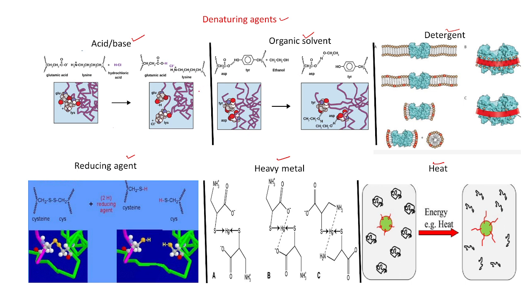For example, what is the mechanism of the denaturation? Let's say this is the glutamic acid and this is the lysine. So here the bond is formed by the hydrogen bond. Okay, so now it is exposed to HCl.